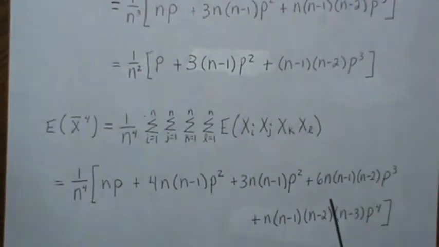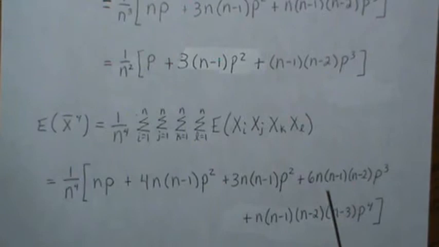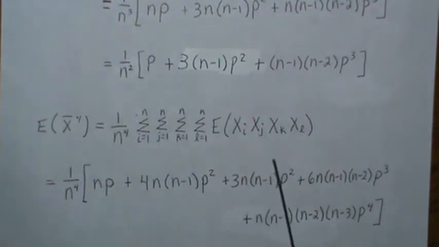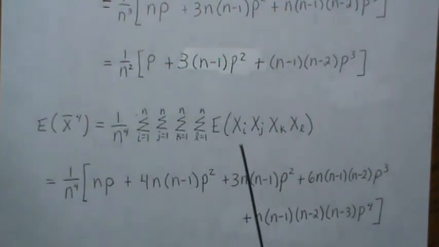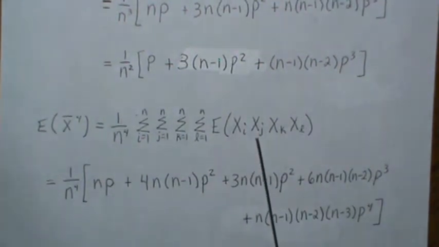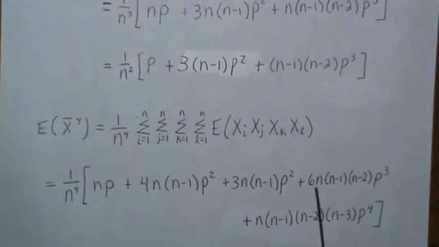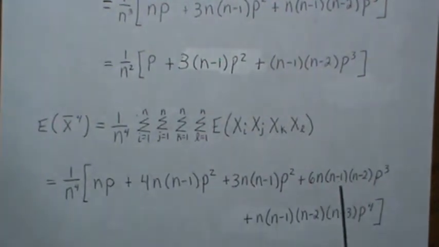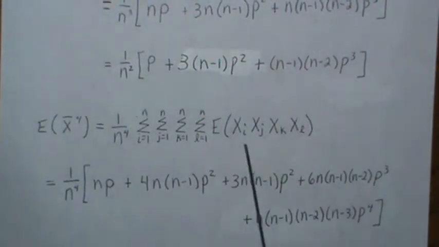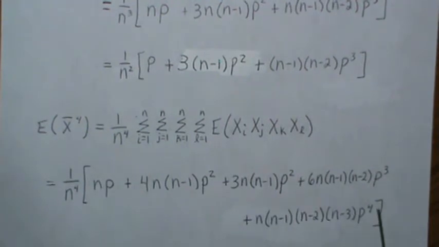Now this one, we assume that 2 of them match, and the other 2 do not match, and they do not match the 2. So there's n ways to choose this one, 1 way to choose that, n minus 1 ways to choose this one, n minus 2 ways to choose that. And that's where these numbers come in, and the p cubed, because there's 3 distinct numbers here.